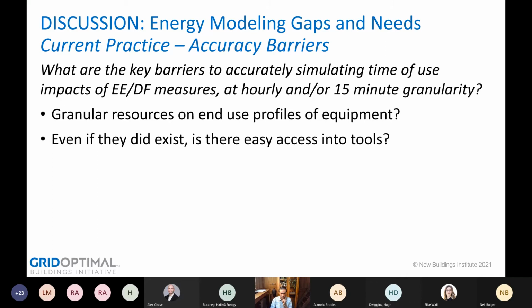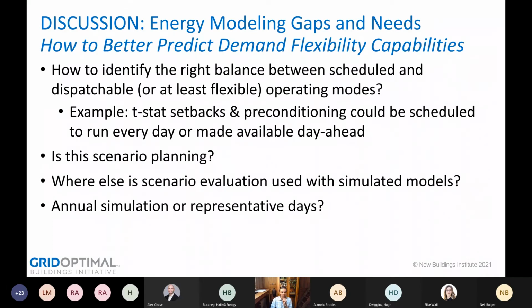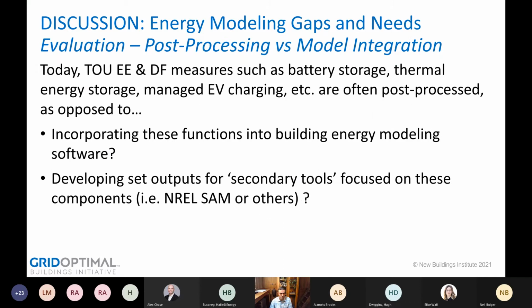So that's often used as well. The next topic is going to be, how can we better predict the ability of a building to deliver demand flexibility? And how do we say, yeah, this building's going to be able to shed 6 kilowatts in its peak condition? Can we do that in a model? Does that happen in a post process, et cetera?